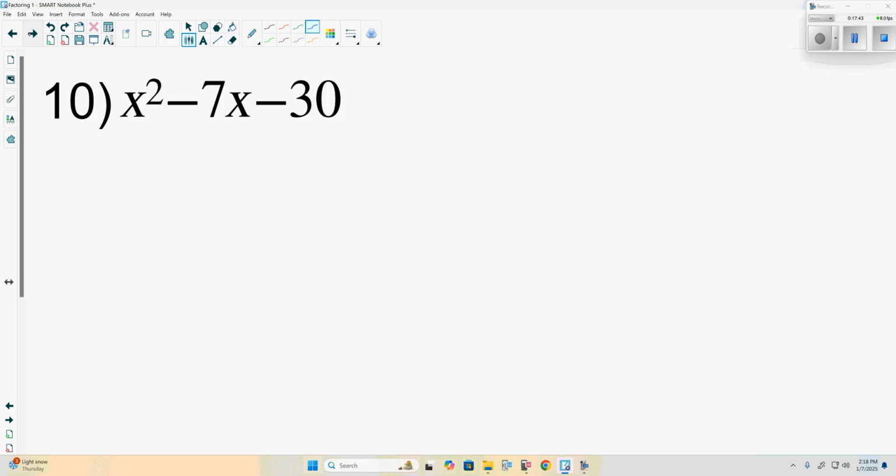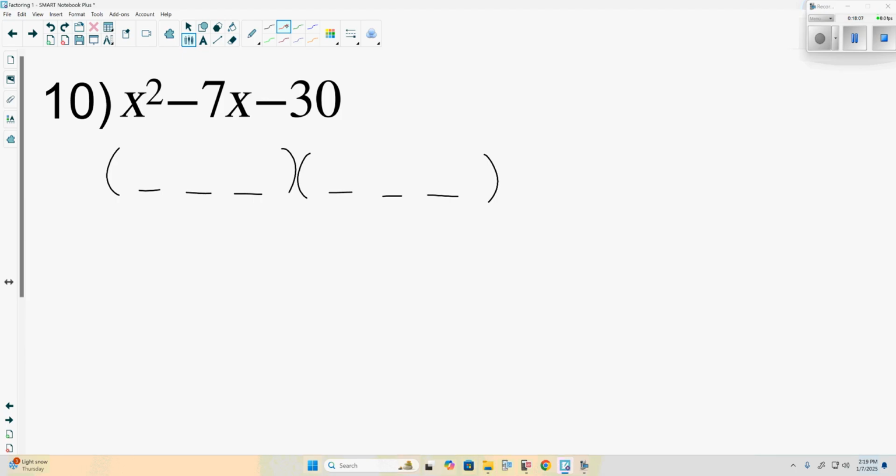x squared minus 7x minus 30. Is there a greatest common factor between these three terms? No. We'll move on to our second step, our two sets of parentheses with three spaces. The third term is what? Negative.